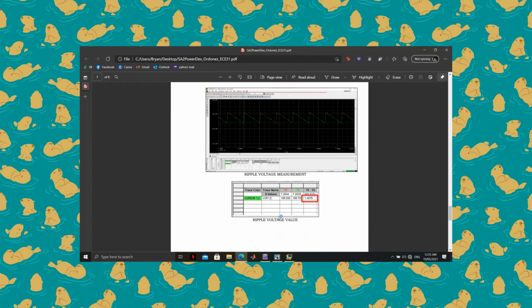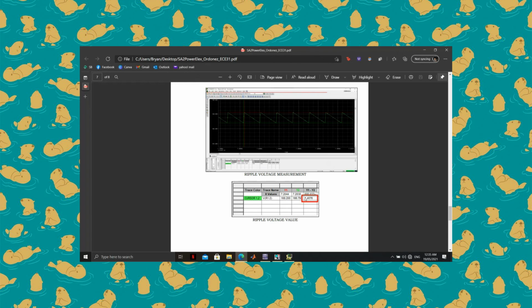Next, the ripple voltage value is 1.4076. From our simulation earlier, it is 1.39, which is also a close value. Since these simulation records were recorded earlier, there is a slight difference in value, but it is close nevertheless. The ripple voltage is measured from the maximum point of our output voltage to the minimum point of the output voltage across the resistor.